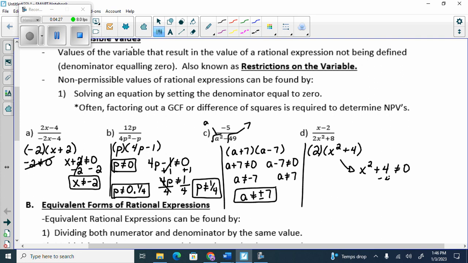Then I subtract my 4 over, and I get x squared can't equal negative 4. Then I take the square root with a plus or minus sign. But I can't take the square root of a negative number, so no non-permissible values, or restrictions.